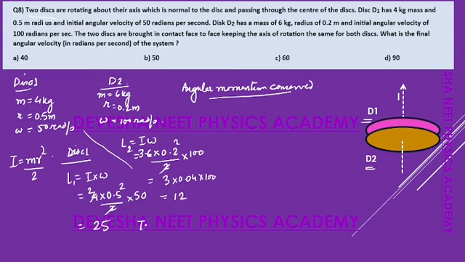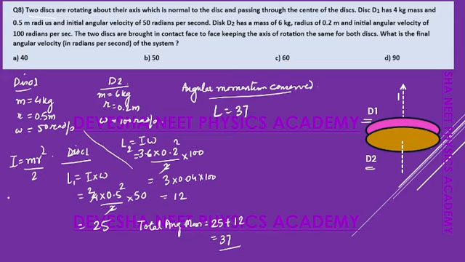So the total angular momentum is 25 plus 12, equal to 37. This angular momentum will remain the same when the two disks are combined, so L is equal to 37.